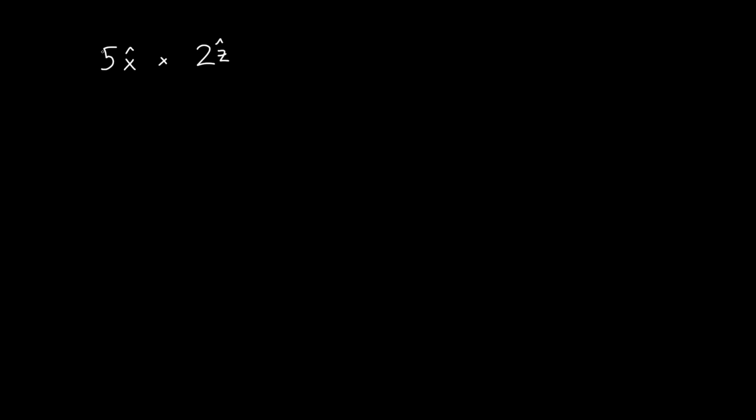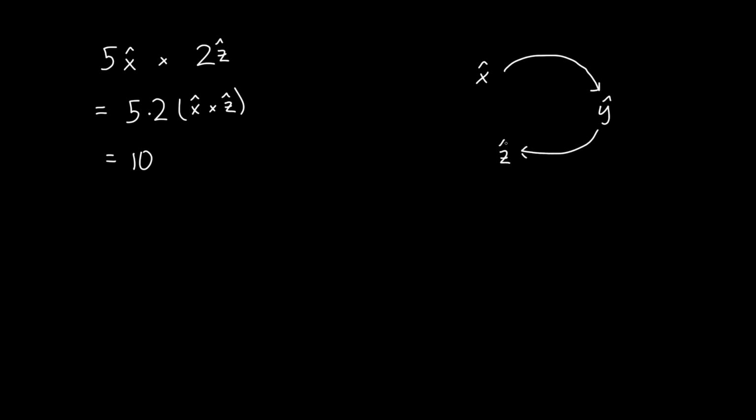Well, numbers are just numbers, so they multiply. So this is just 5 times 2, and then we have our x hat cross z hat. And so 5 times 2 is just 10. And x hat cross z hat, if we go back to our diagram, so we've got x, and then y, and then z, and then back to x, we see that we're going backwards for this diagram, so we pick up a negative sign.